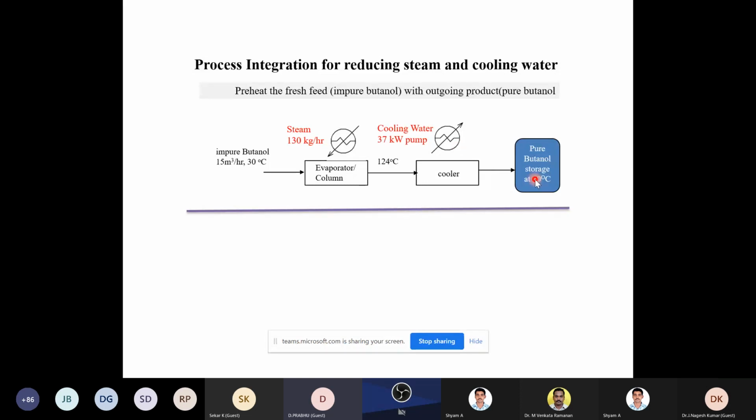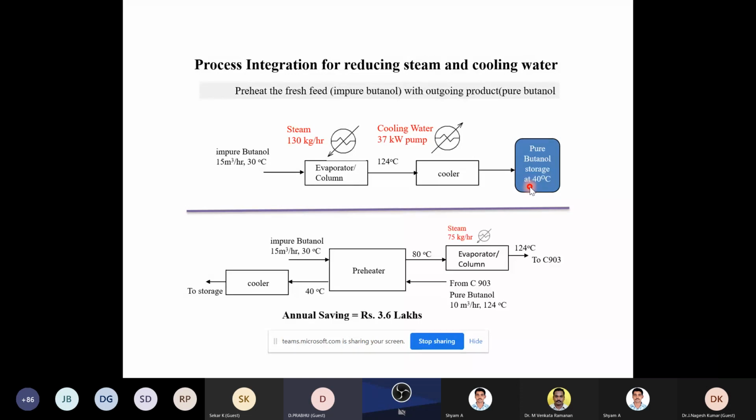This is the system. Now what we are going to do: there is heating and cooling. Now we are heating it with steam and cooling it with cooling water. Instead, can we use this pure butanol as a cooling medium?